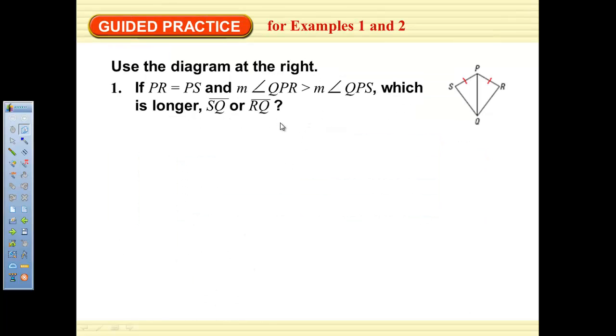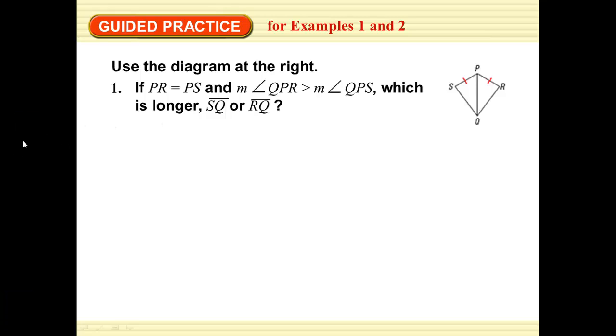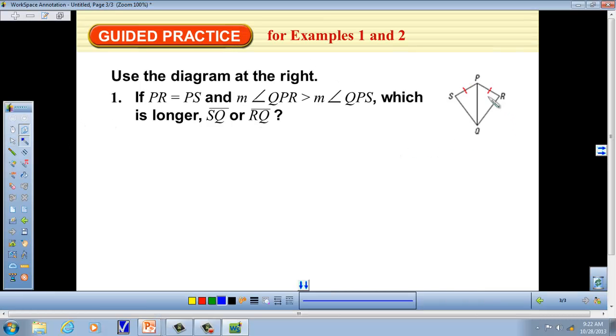Alright. Now we've got another one. We've got PR and PS congruent. We've got angle QPR is bigger than QPS. So we also know that PQ is congruent to PQ. And if we look, QPR is this angle right here.